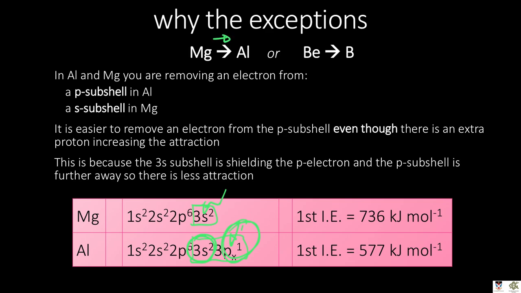So you have to consider where we remove that electron from. So even though it's in the same energy level and there is an increase in the nuclear charge as we move from magnesium to aluminium, because the electron that we remove will be slightly further away from the nucleus, and because there will be slightly more shielding, there will be an overall weaker attraction and therefore less energy needed to remove that electron.